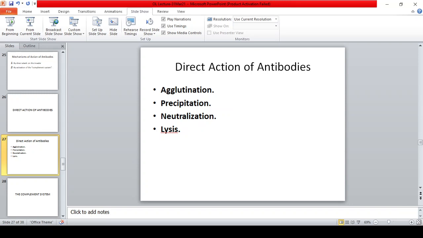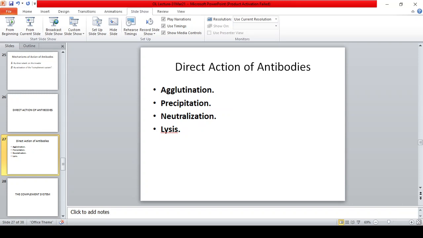Lastly, the lysis. What happens in lysis is that some antibodies are actually capable of directly attacking the membranes of the bacteria or the foreign agents, and they can cause rupture of the agent.